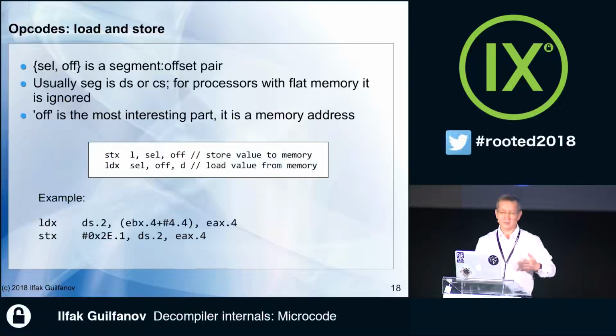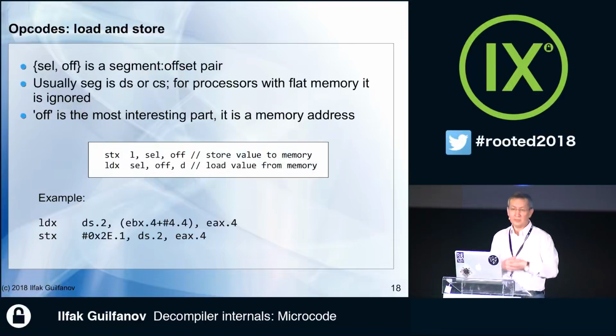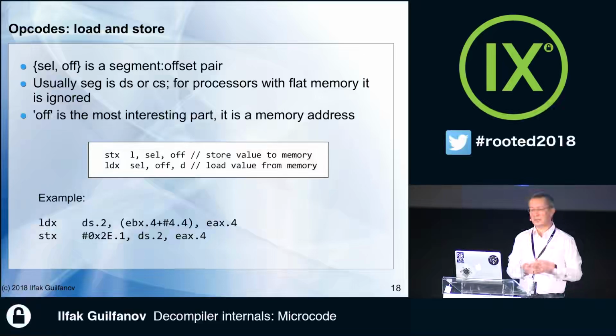They make our lives much more difficult, but we need them because otherwise we will not be able to represent real-world programs. Naturally, we have load and store from and to memory. In theory, it can work with segmented processors, segmented memory, I'm sorry, because we work with selector and offset pairs initially, but in practice, we don't use these pairs yet.